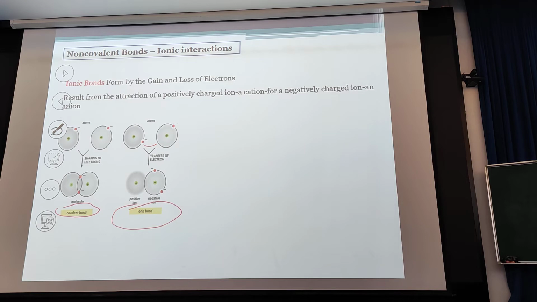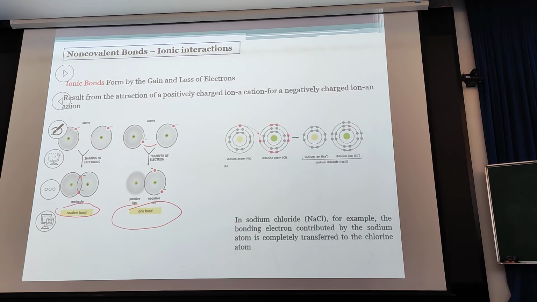One example of an ionic bond is in sodium chloride. The sodium atom has one extra electron in its outer shell, which makes sodium unstable.